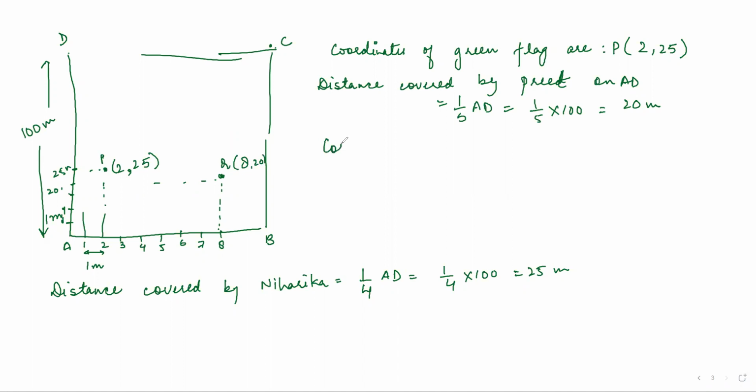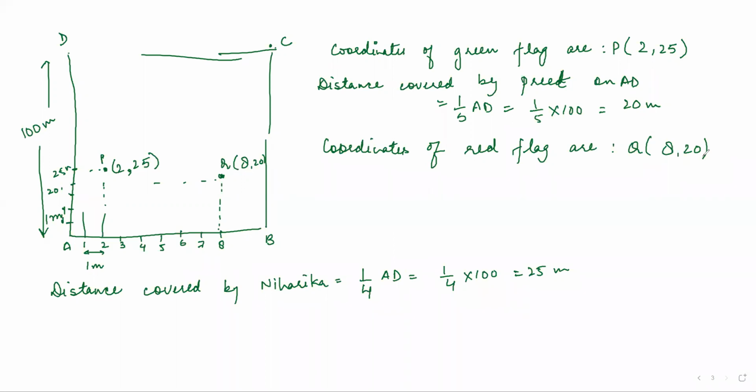So similarly, you will mention that the coordinates of which flag she's carrying? Red flag. So coordinates of red flag are Q, which is 8 and 20. So far understood? Okay. Now what is the distance between both the flags? Now you have 2 points.